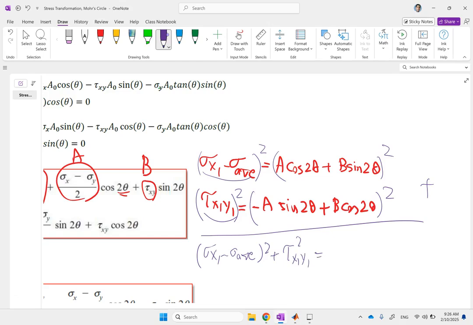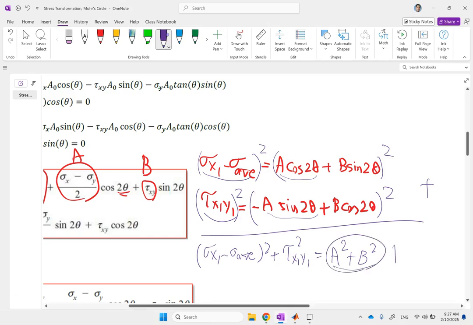Now, when you square them and add them together, you're going to get A squared cosine squared 2 theta plus A squared sine squared 2 theta, so you simply get A squared. These two, when you square them and add them, you get B squared. And then the product terms, this is positive 2AB sine 2 theta cosine 2 theta, this is negative 2AB sine 2 theta cosine 2 theta. They cancel each other. So you simply get this.